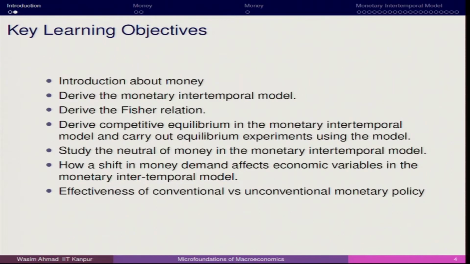When I talk about the monetary intertemporal model, it helps you understand that, given the two period scenario, you can derive a situation where the individual is indifferent about using cash and credit card. The credit card has the beauty that it gives you an interest free period, and if you are not paying after the free interest period, then you will be penalized, or you will be charged interest on the outstanding.